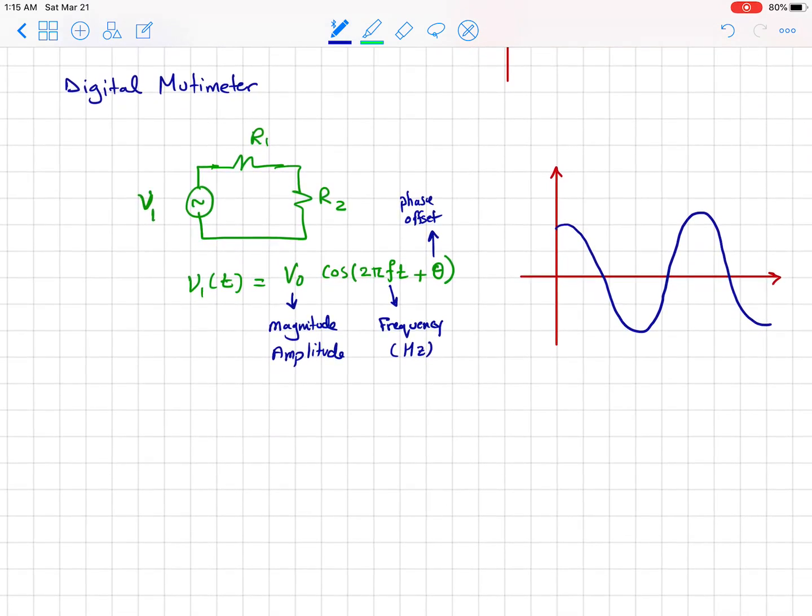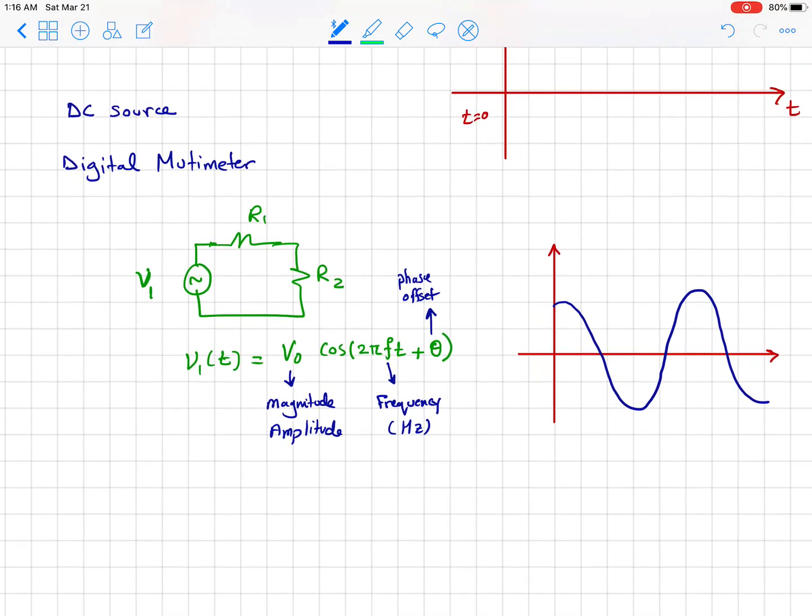Having a voltage source or current source that varies with respect to time is very important, especially if you want to transfer power from one point to another. For example, the transmission lines that carry power to your homes, the voltage over there is actually an alternating voltage.